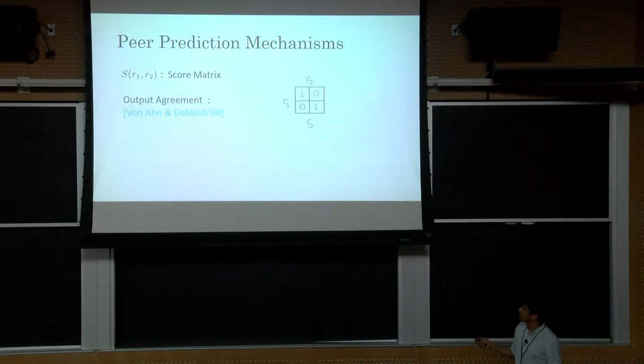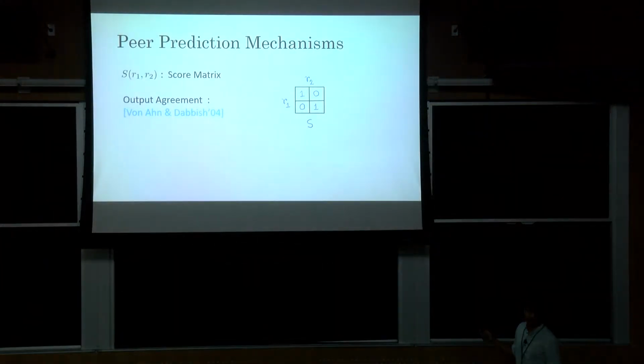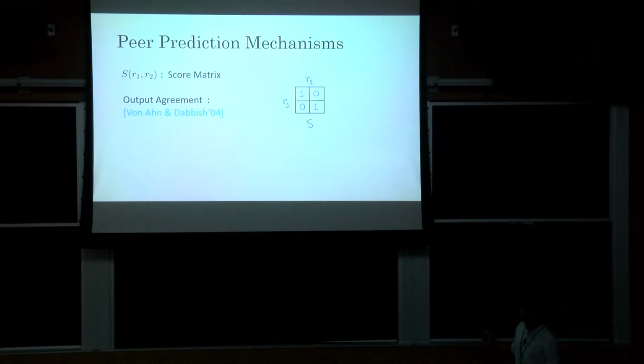The basic peer prediction mechanism is output agreement, which rewards 1 if the reports of both users agree. This has a problem of uninformative equilibria, because if everyone reports the same signal, that gives a score of 1.